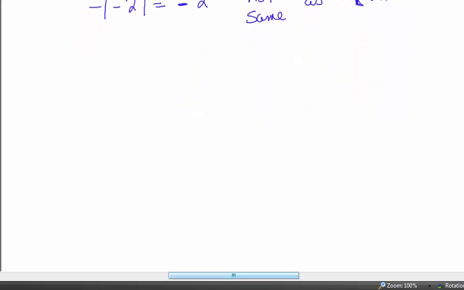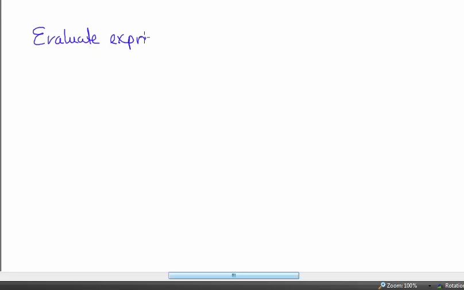The first thing that we're going to do is evaluate expressions using absolute value. So I'm going to evaluate the absolute value of m plus 6 minus 14 if m equals 4.